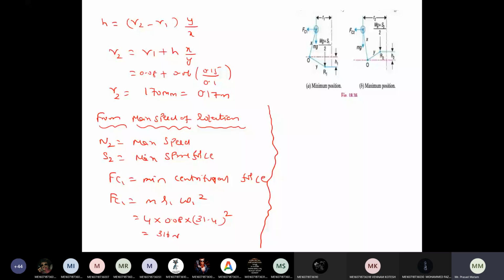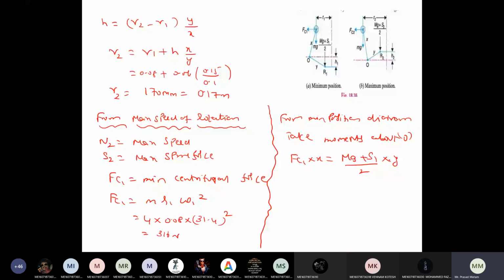FC1 into X is equals to, from minimum position diagram, taking moments about O. For taking the moments, the equation will become as FC1 into X is equals to mg plus S1 by 2 into Y. Okay. So from this, try to get the S1 value.